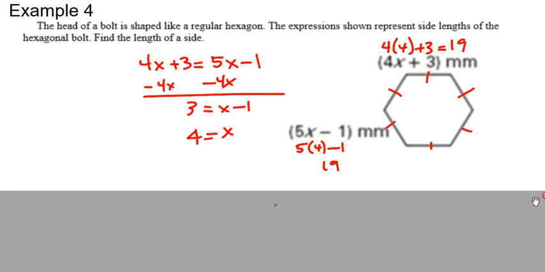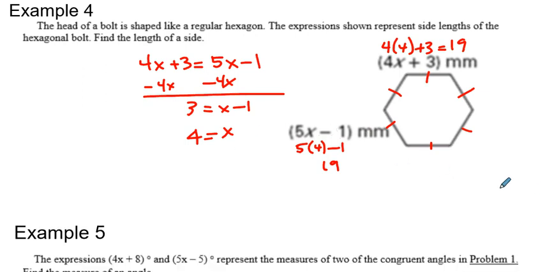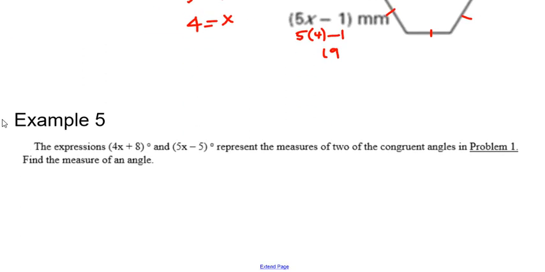All right. The last example here we have is number 5. It says that these two expressions represent the measure of two congruent angles in problem number 1. So let's find which is actually the example above. So find the measure of the angles. If they are congruent, then we know they're equal to one another. So we can set them equal to one another.